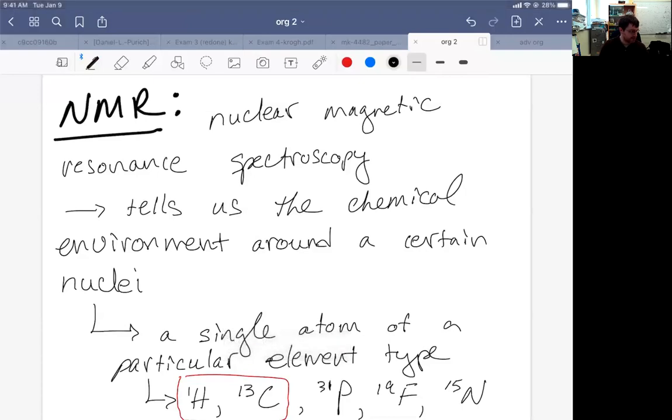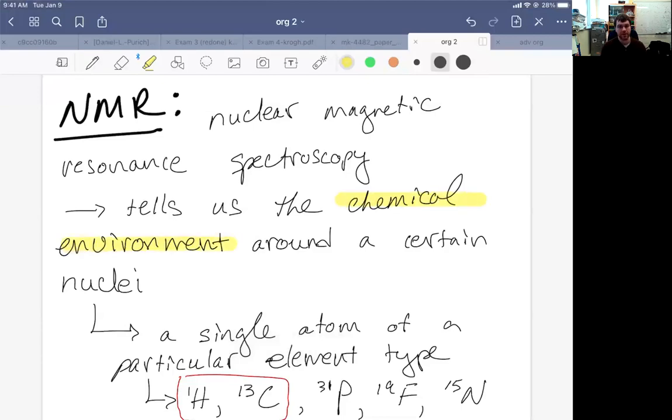These are the atoms that we're going to be looking at when we do NMR spectroscopy. I'm just going to make sure. I've never done 15N NMR. Yep, it is 15N. So what I'm saying is we're going to pick a particular nuclei within a molecule, and then focus on a particular element type within that molecule. We'll start by saying, let's look at only the 1H atoms, and then we look at each 1H atom individually.